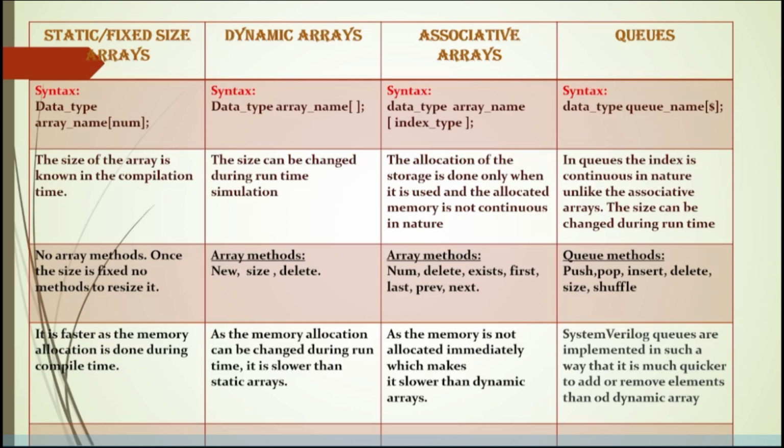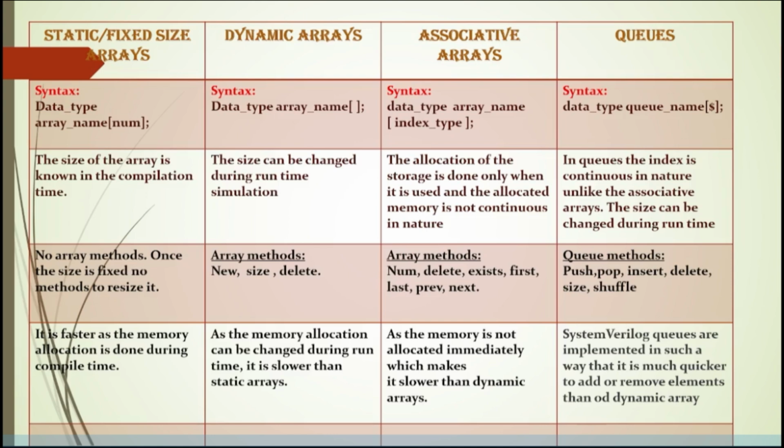If you want a huge size of array, because when you are developing a circuit which is very complex in nature, then of course you need a huge amount of memory space. When you are going for a huge amount of memory space, then you will be choosing associative arrays instead of dynamic arrays.